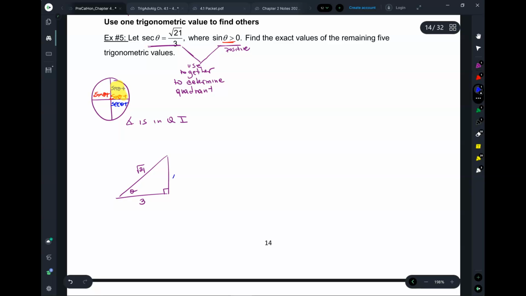We can find the missing side: 3 squared plus x squared equals root 21 squared. So x is how much? 9 plus x squared is 21, x squared is 12, x is 2 root 3.